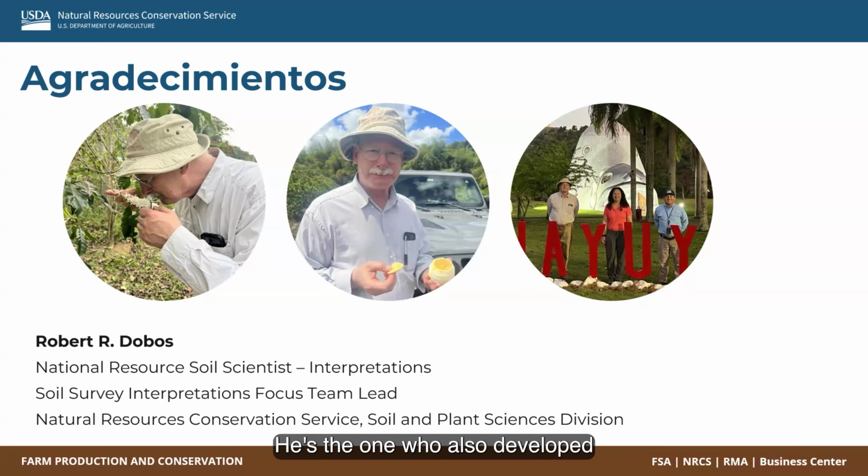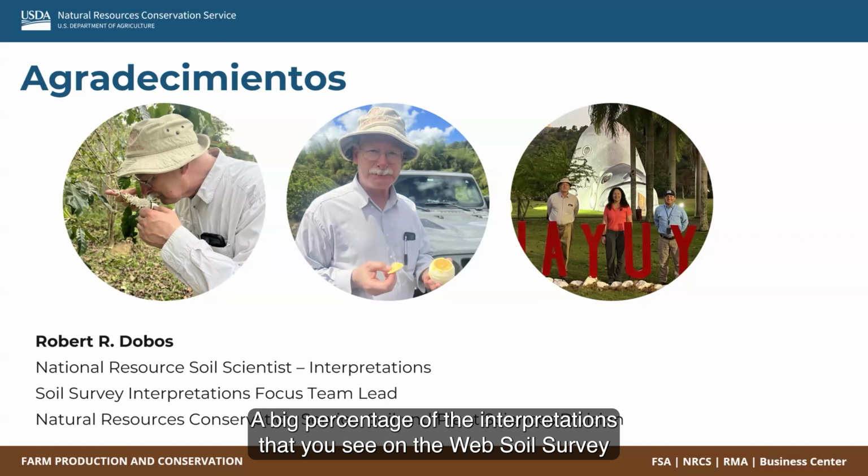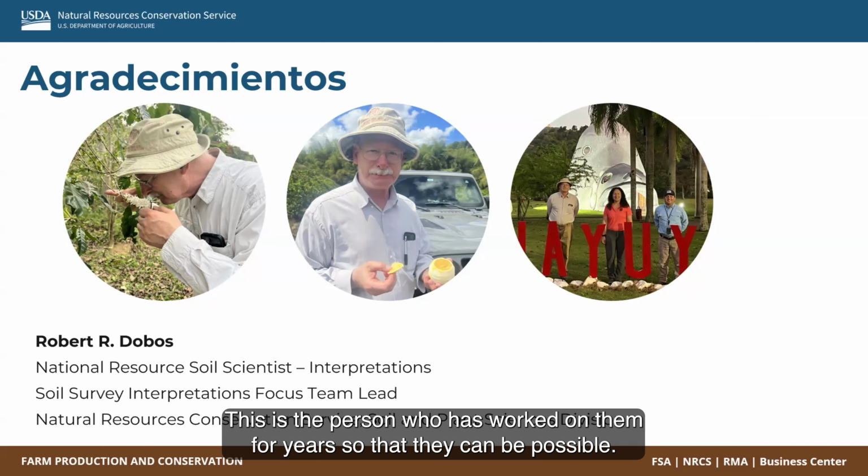He's the one who also developed the National Productivity Index. A big percentage of the interpretations that you see in the web survey, this is the person who has worked on them for years so that they can be possible.